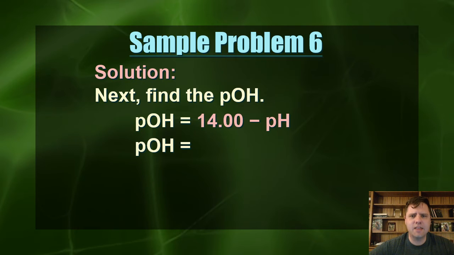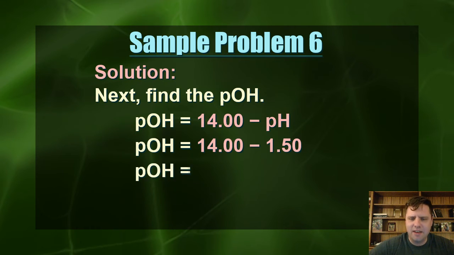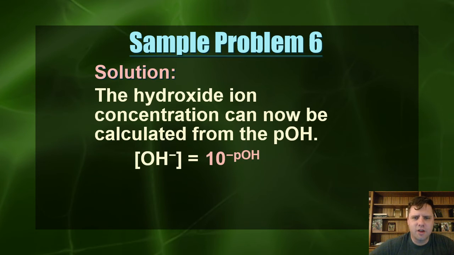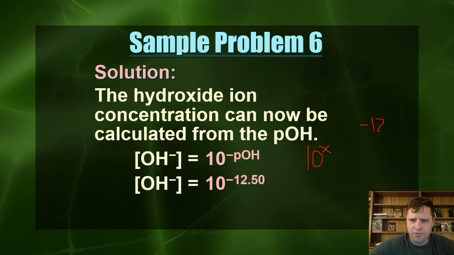Now, if that's the pH, the pOH is always just going to be 14 minus that, which leaves us with 12.5. And then, to find the concentration of OH, we just use our calculator. You use the 10 to the x key. So you'll punch in the number, in this case a negative 12.5, and then hit the 10 to the x key.